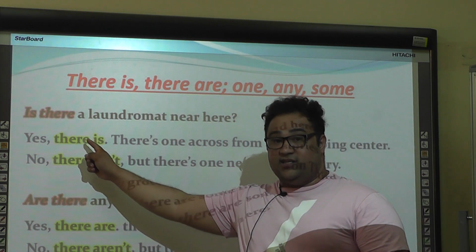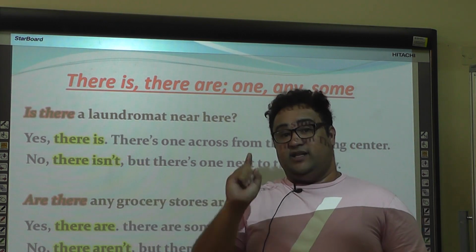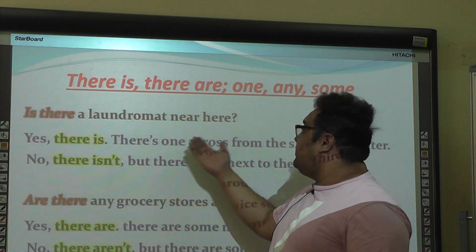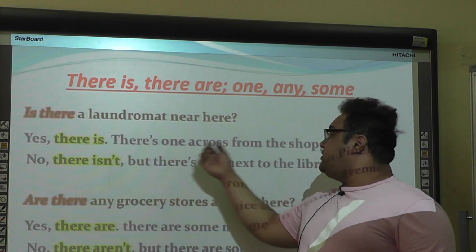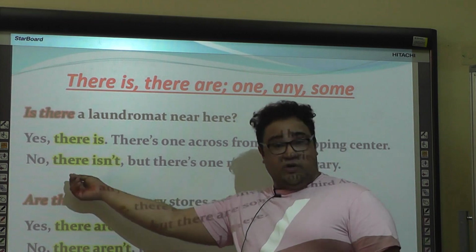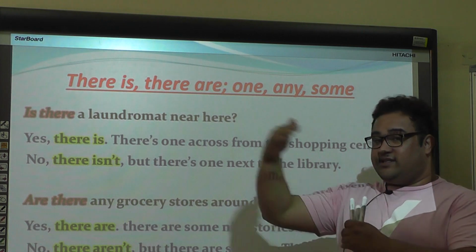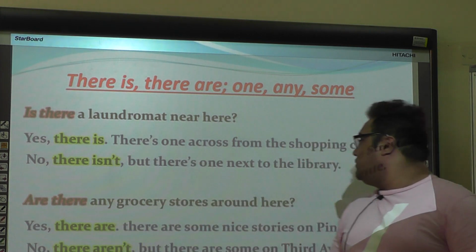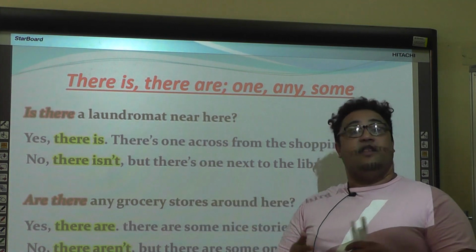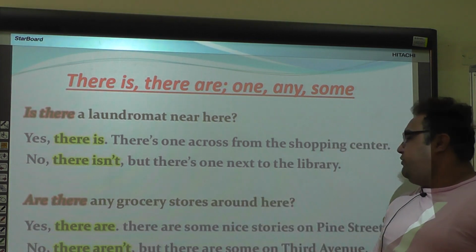Why did we use there is? Because the question is there a laundromat? It's asking for one laundromat. If it is negative, you say, no, there isn't. But there is one next to the library.